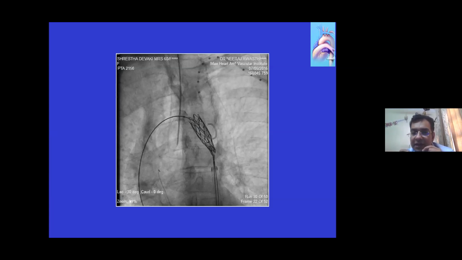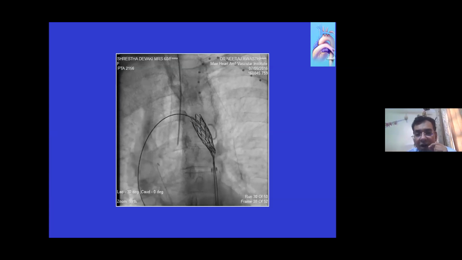The other option is, of course, to deploy the stent there and deploy additional stents, hoping that it would not jail any of the side branches. But this being in a proximal segment, very close to the origin of the carotids and the subclavian, there is a possibility that the proximal segments can easily get jailed.